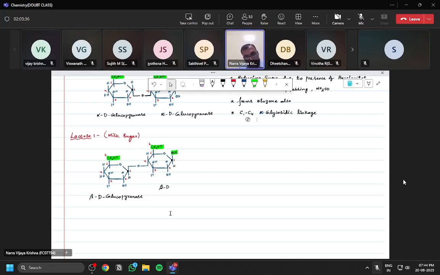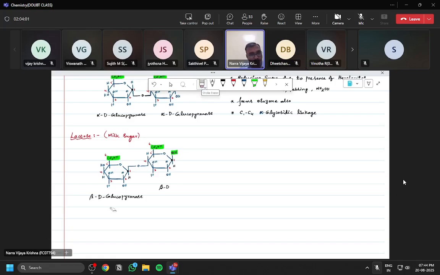If I change the relative position of the OH group at any one carbon, then it is called an epimer. Right? Now observe here. I am changing the configuration at the fourth carbon. Then this becomes the C4 epimer.